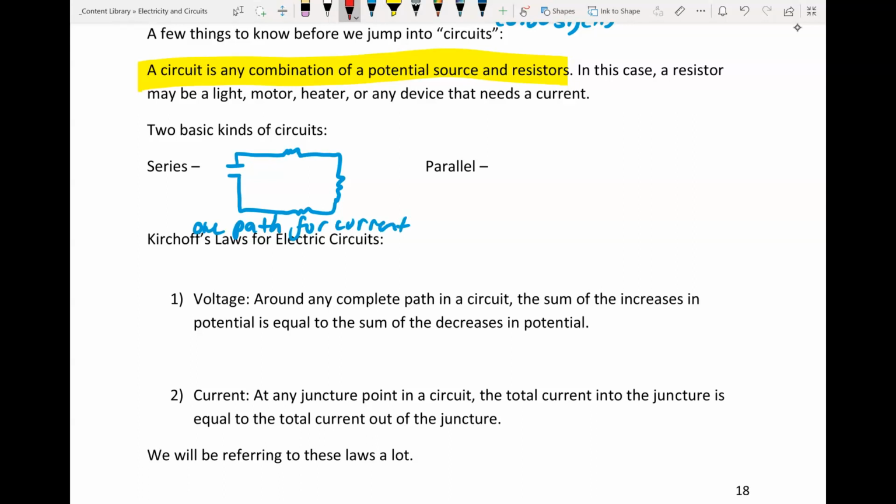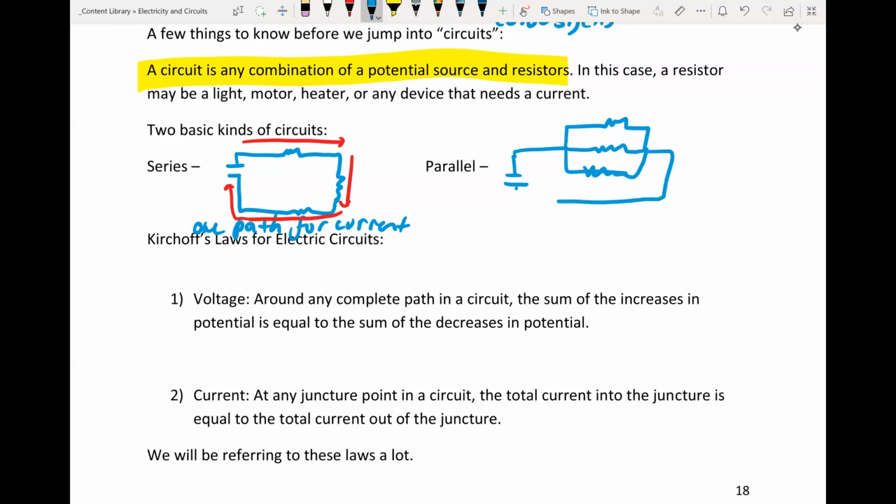For example, it looks something like this. This is the only path that it could travel in. Now your parallel circuit has more than one path. So here is the switch. Let's just say it looks something like this, where we have more than one path for a current. So for example, it could go through just like that.